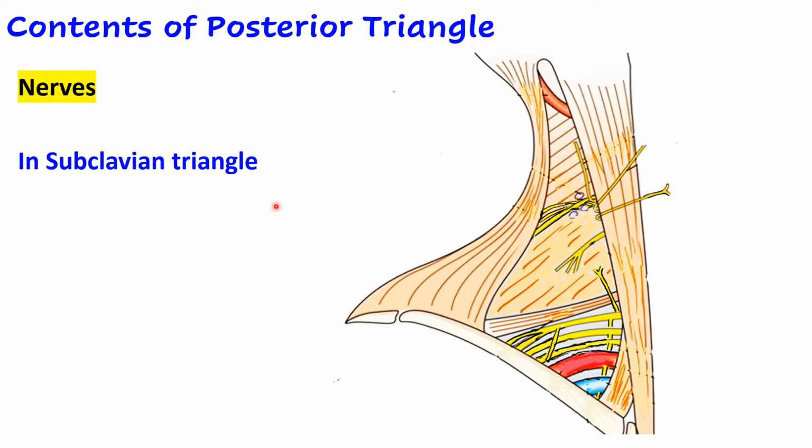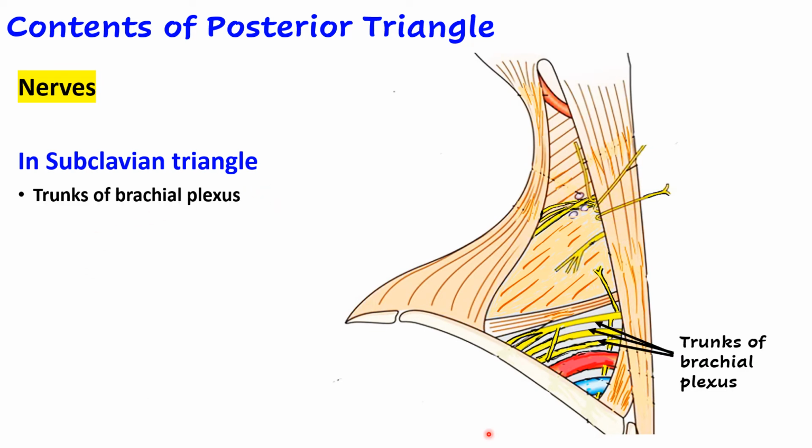Now let us see in the subclavian triangle which nerves are present. Here we will have the brachial plexus. You can see the three trunks of the brachial plexus: upper trunk, middle trunk and lower trunk. Plus there will be some branches from the brachial plexus, usually from the roots and the trunk.